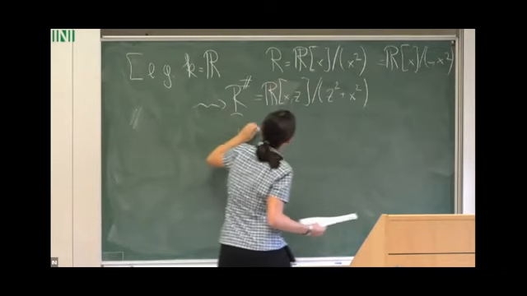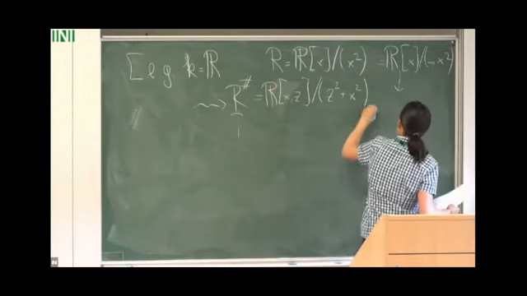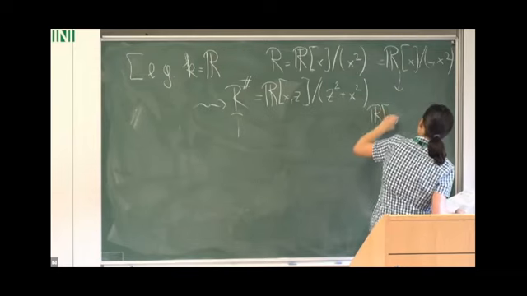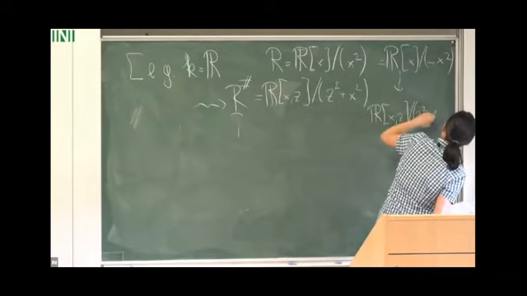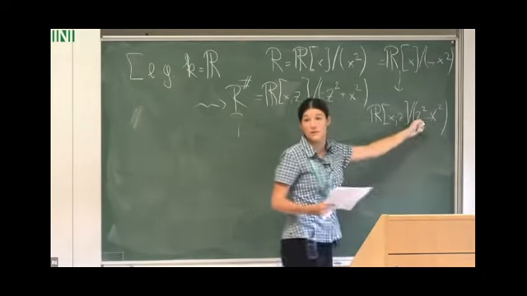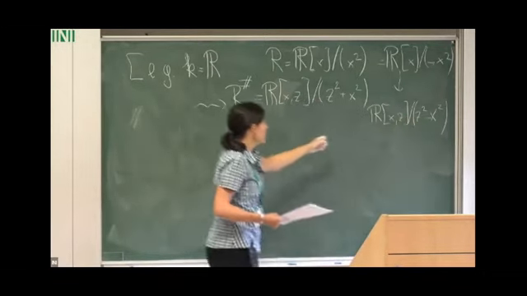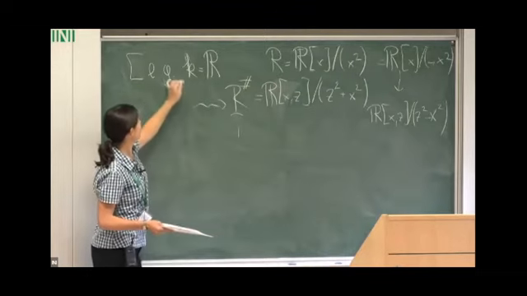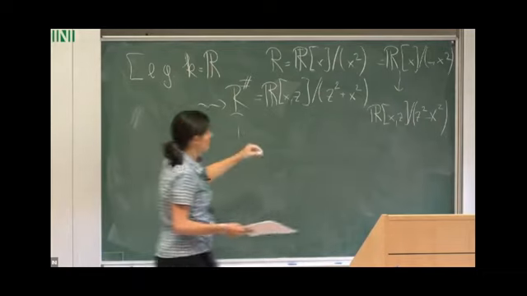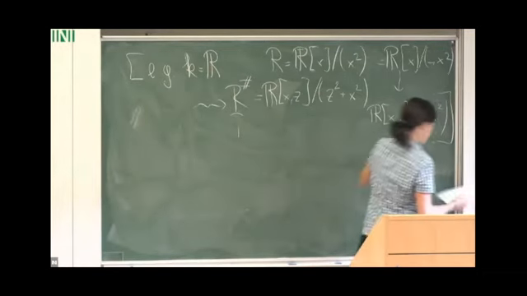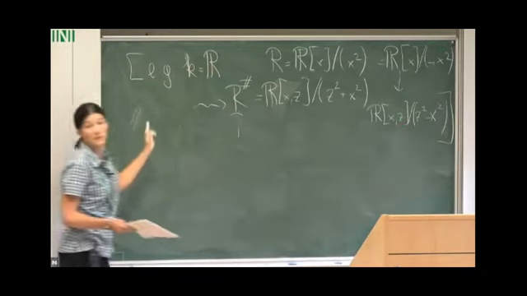Or here we would get ℝ[X,Z] mod Z squared minus X squared, which is not irreducible. So in order that we don't get into these problems, we assume that k is algebraically closed. Then this double branch cover is uniquely defined.